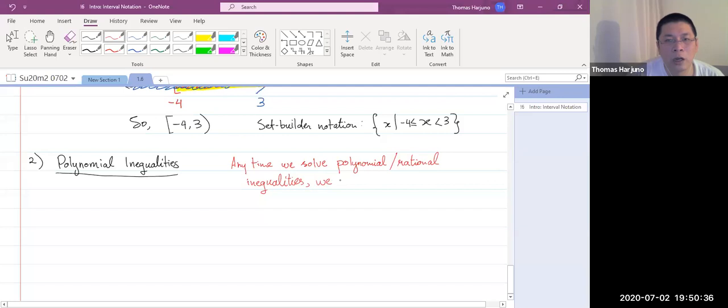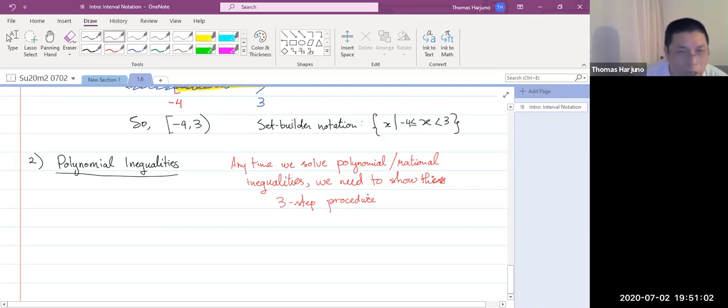we need to show, and I'm quite strict on this, that's why I write it down, this 3-step procedure. Doing it another way will get you wrong solutions.